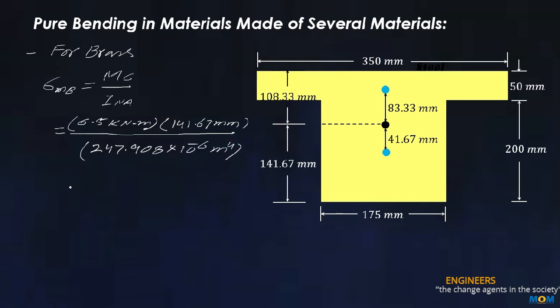So after solving this, the maximum stress for the brass is 3.715 megapascal.